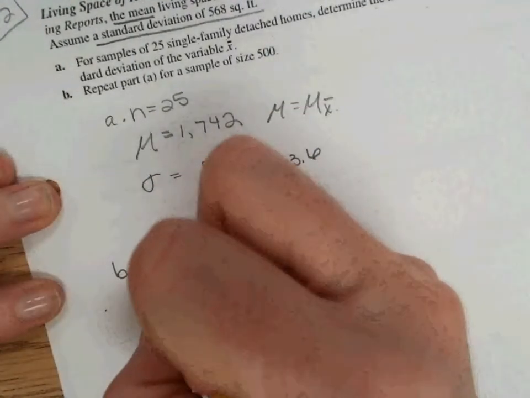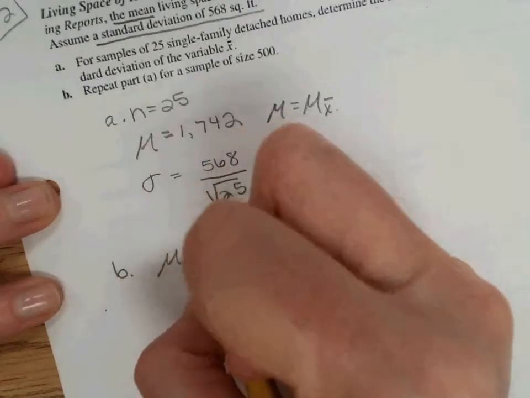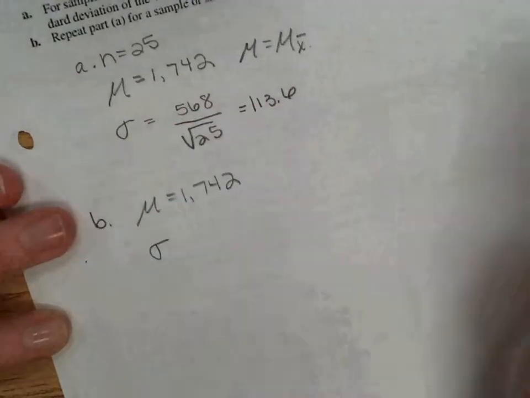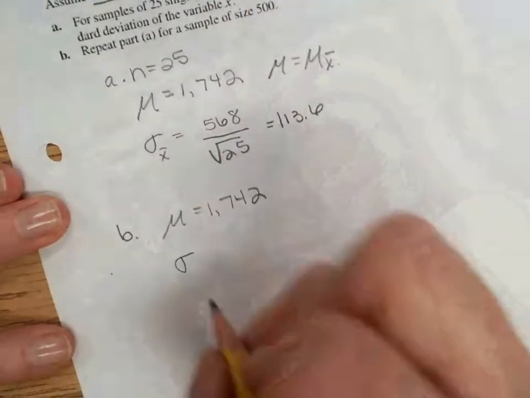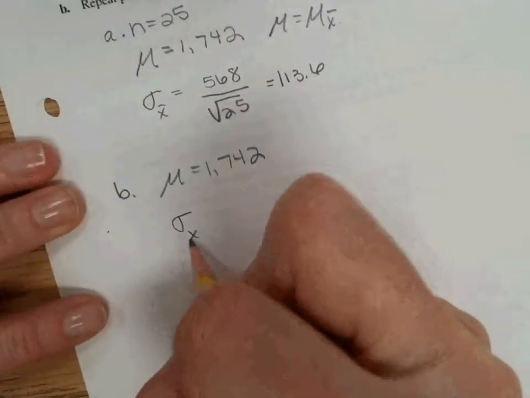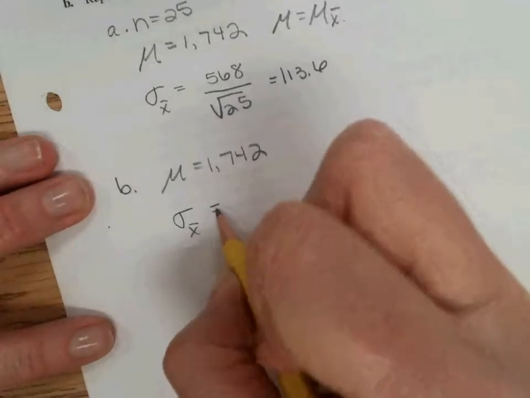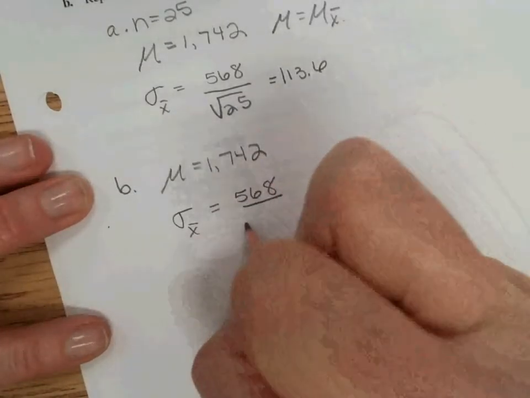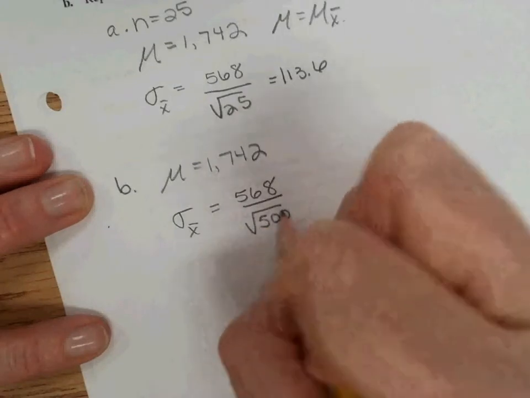In part B, similarly, we're calculating the mean, and again that'll be 1,742. And my sigma, sorry, that's sigma sub x bar, equals 568 again, sigma, divided by the square root of now 500.